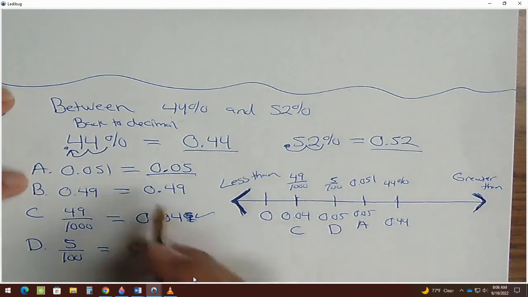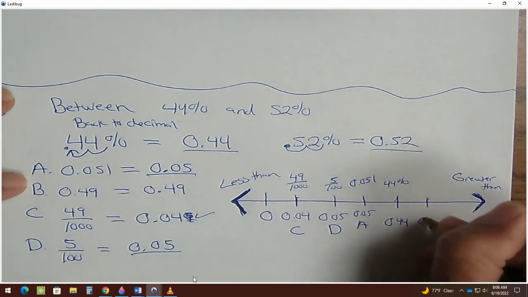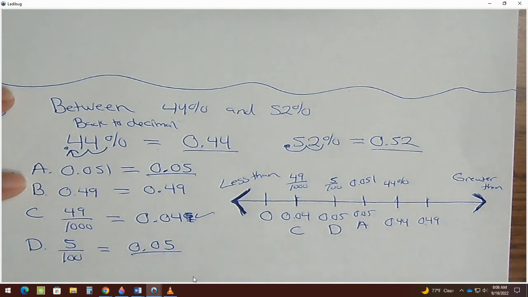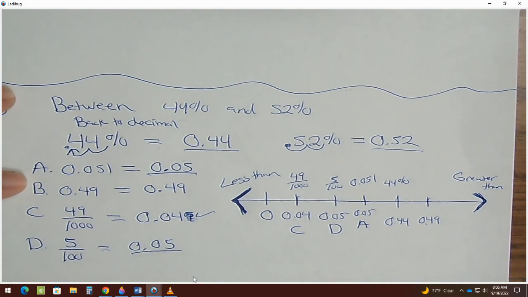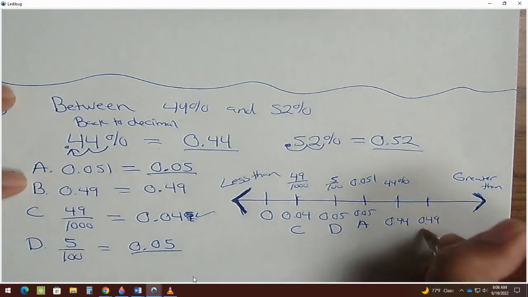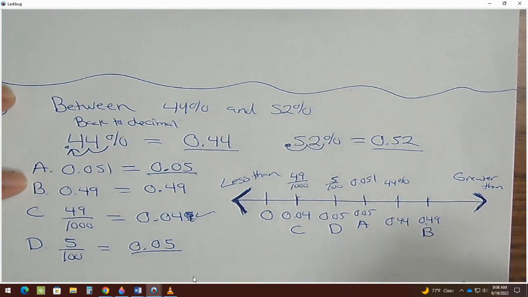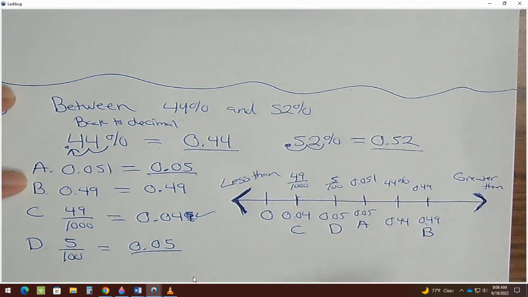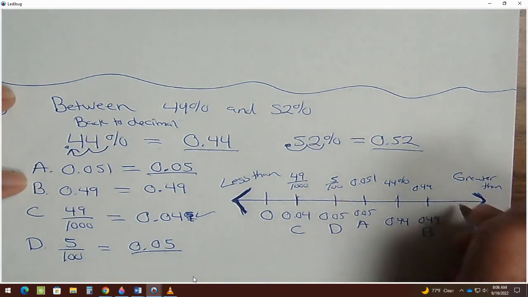Now we can put 49 cents. And who's that? What choice is 49 cents? Yeah, but what choice is it? B. B. Who's next after 49 cents? The 52 cents, right?